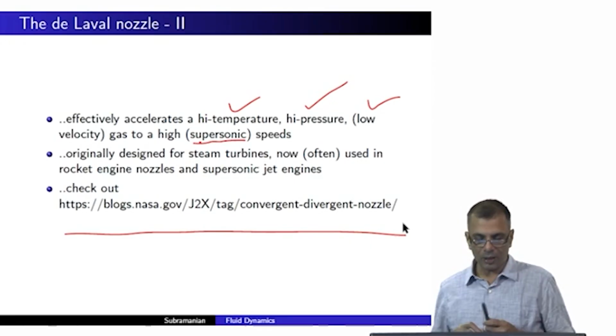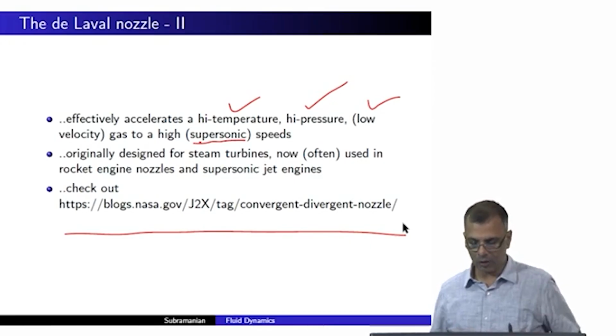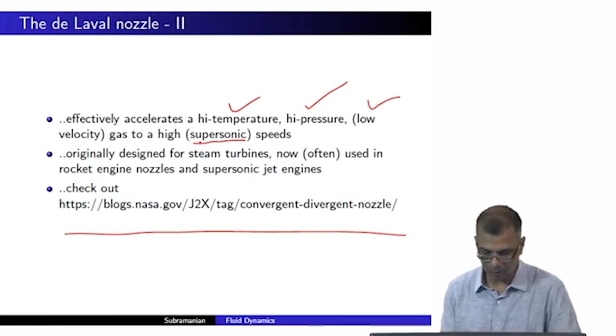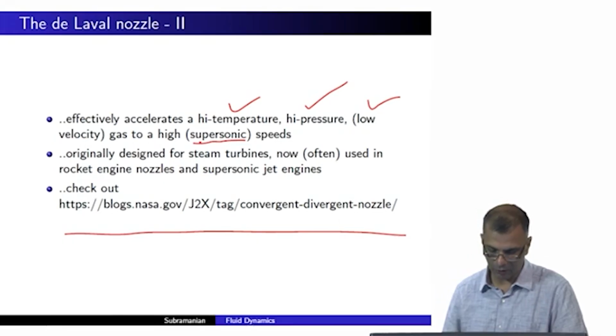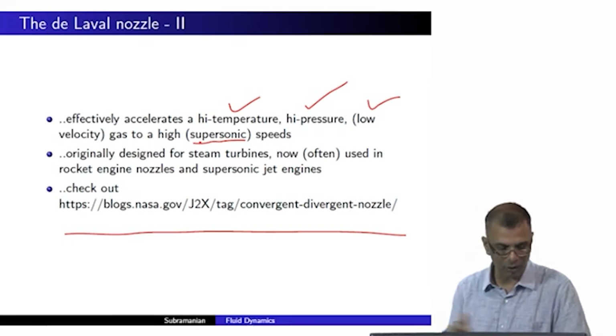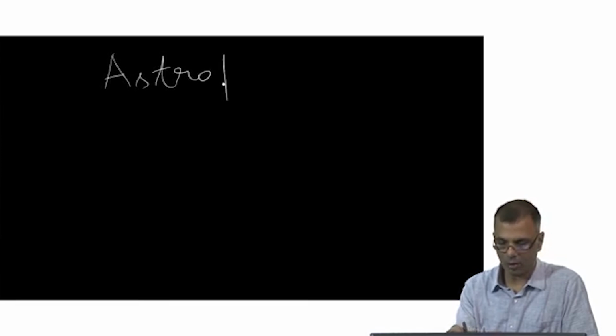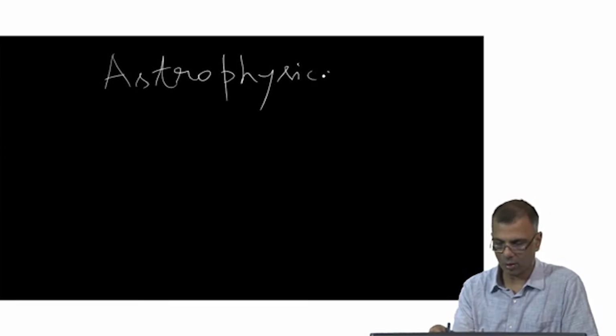Okay, let us now move over to discussing astrophysical jets. Remember, this is an astrophysical fluids course after all, and the reason we're discussing the de Laval nozzle in such detail is because we want to see how the concept of a de Laval nozzle is applied to astrophysical jets.